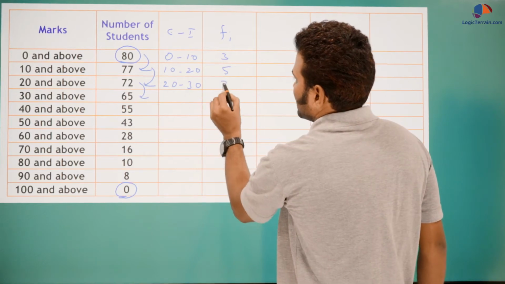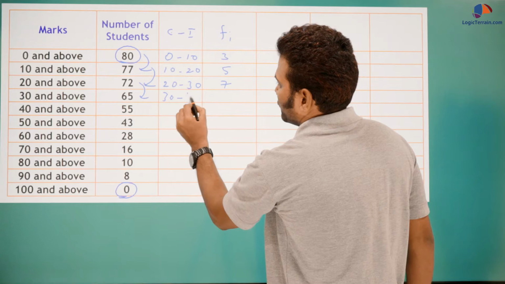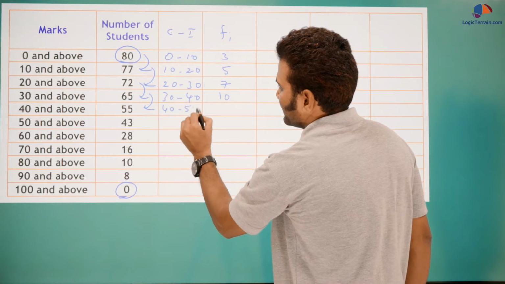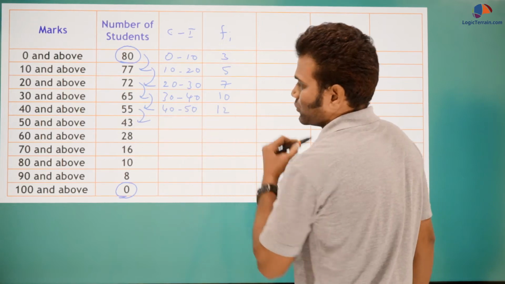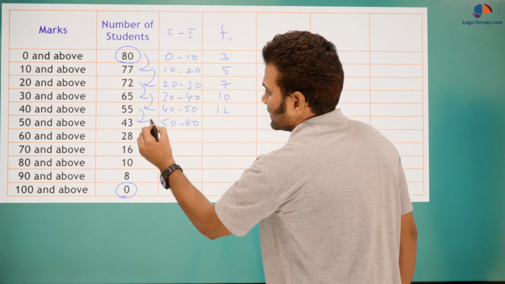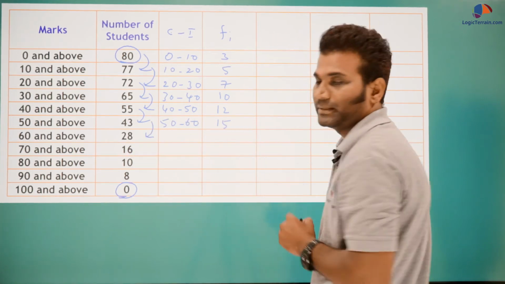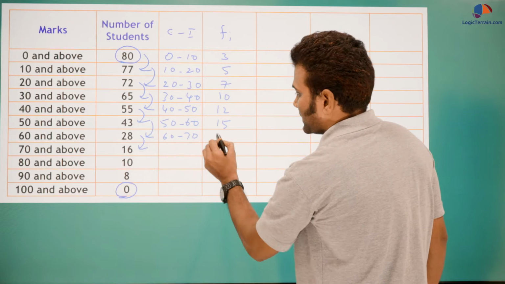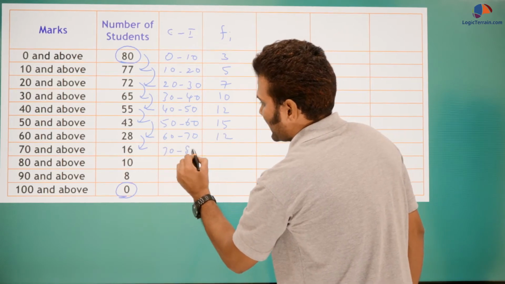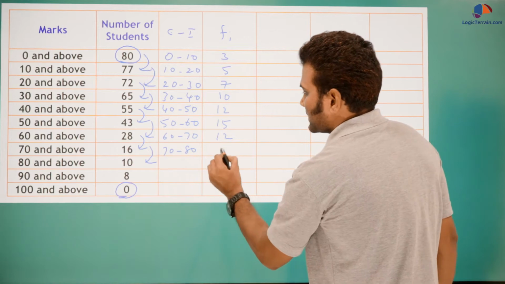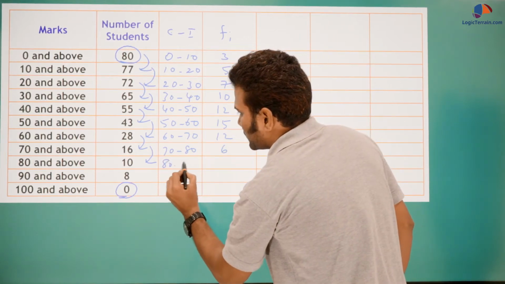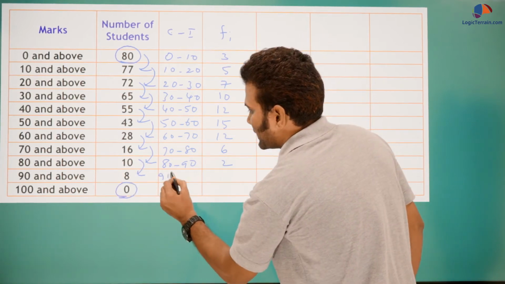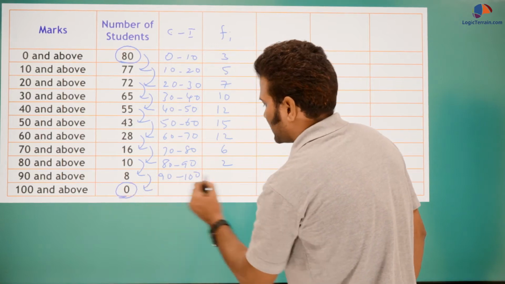This is 7, and 30 to 40, again this difference is 10, and 40 to 50, the difference of these two is 12, and next 50 to 60, the difference of these two is 15, and next 60 to 70, again the difference is 12 here, and next 70 to 80, this difference is 6, and 80 to 90, this is the difference, 10 minus 8 is 2, and 90 to 100 is this difference, that is 8.